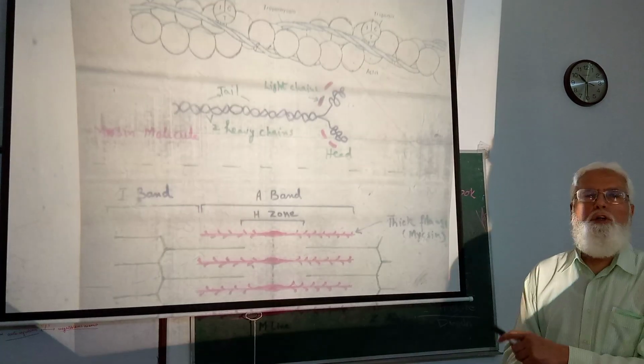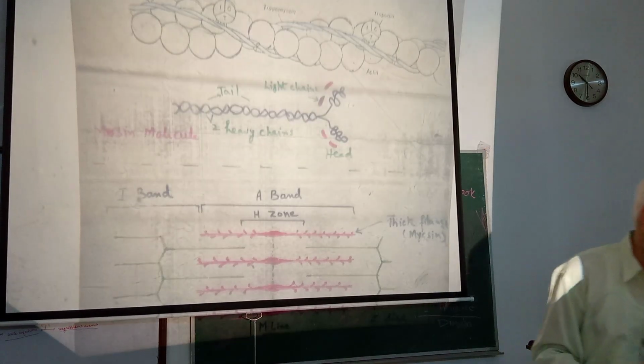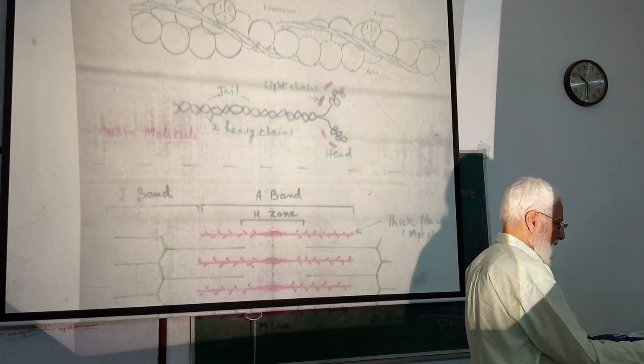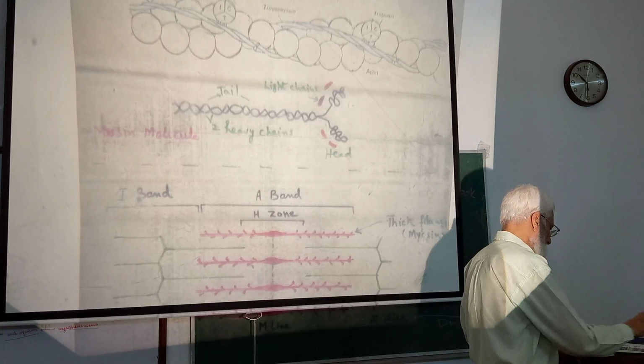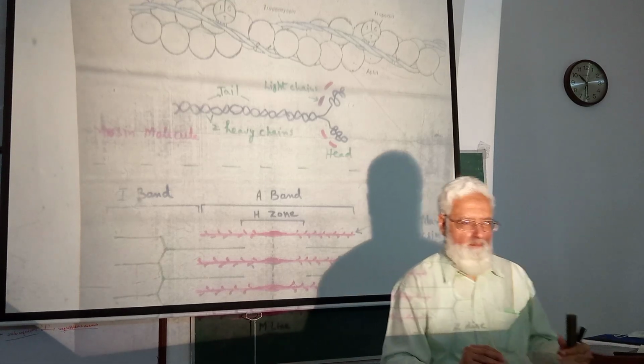In the myosin molecule, there are two points at which the molecule is highly flexible.